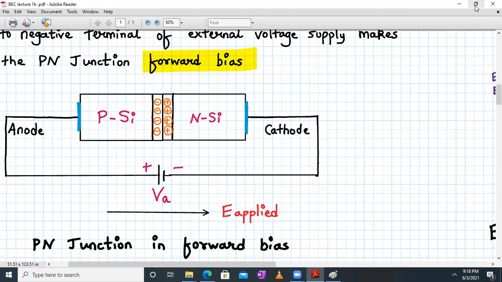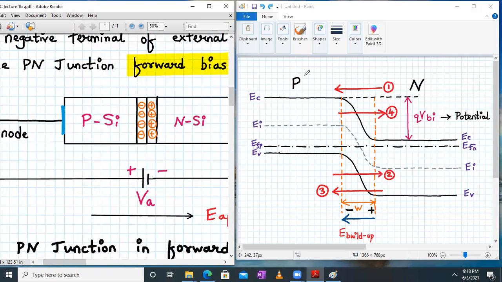Let me just slightly minimize this. On the right hand side of the screen, you see an image of the energy band diagram of the PN junction in equilibrium. Right now we are applying a positive potential to the P side and a negative potential to the N side.